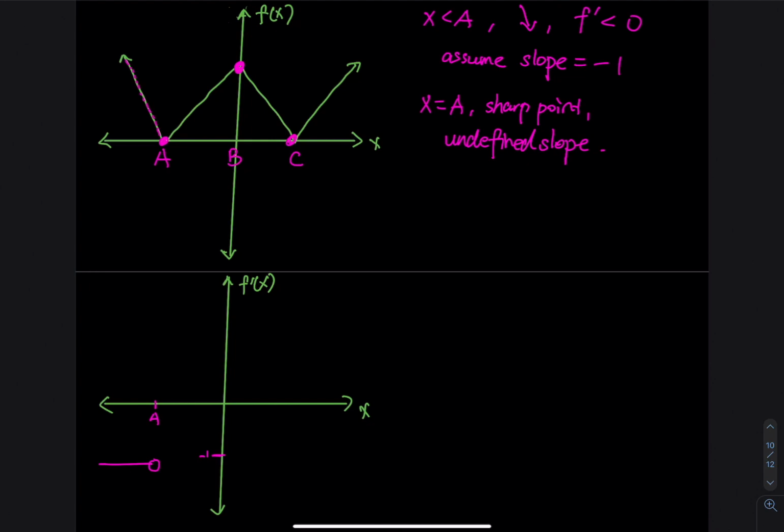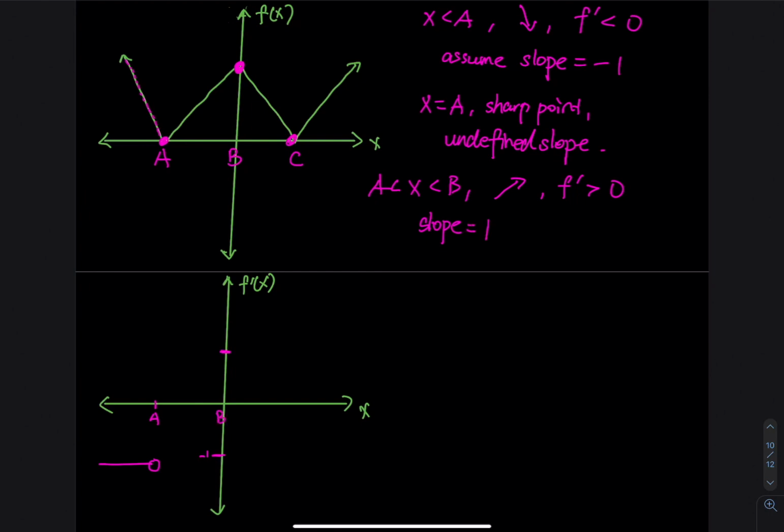What about between A and B? So x between A and B, we have going up, and then the derivative is greater than 0 because the slope is positive. And this time we assume the slope is equal to 1. So the slope is equal to 1, probably right here.